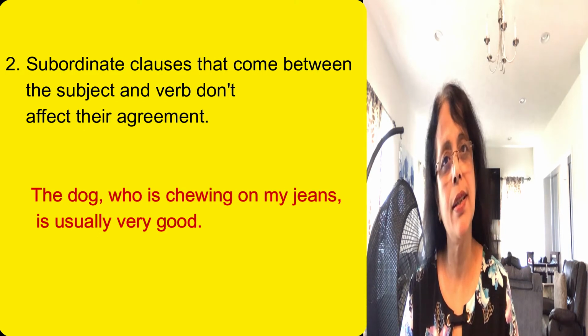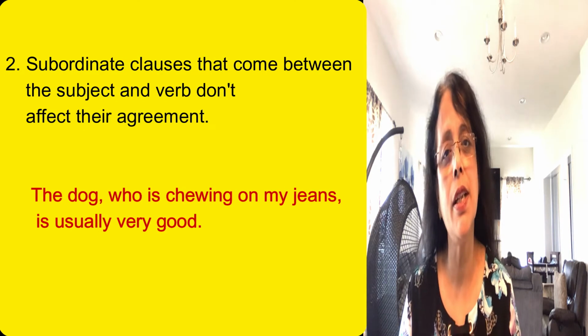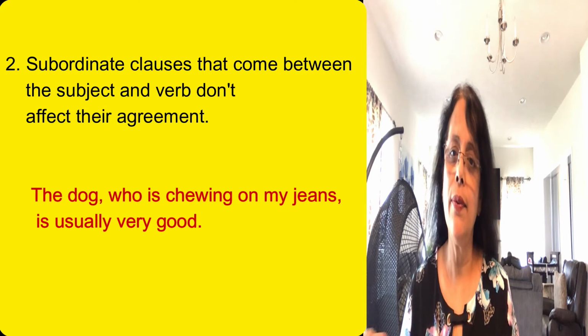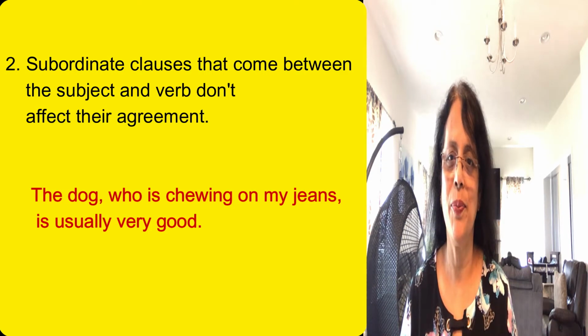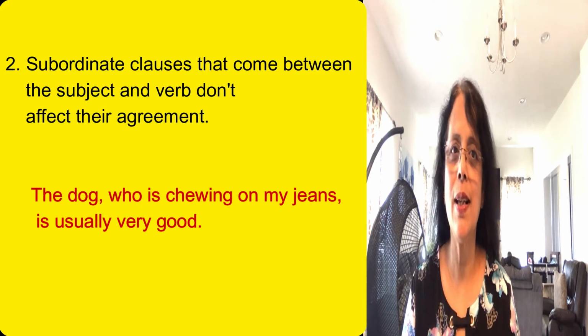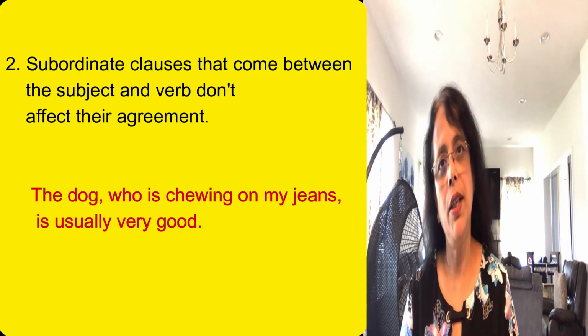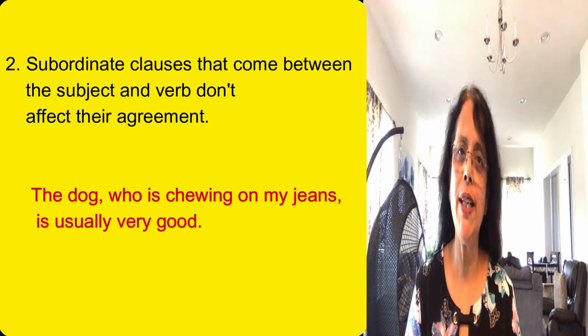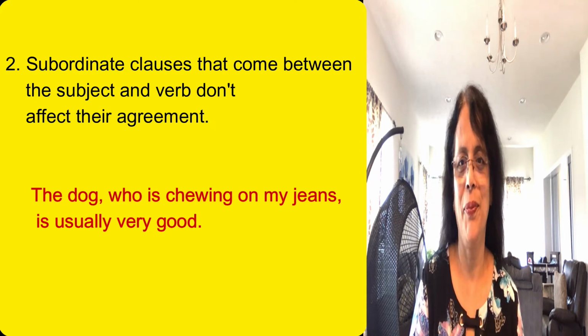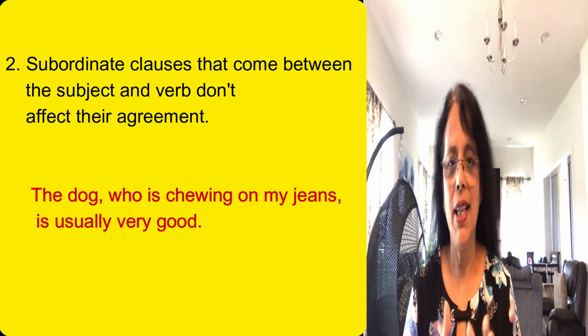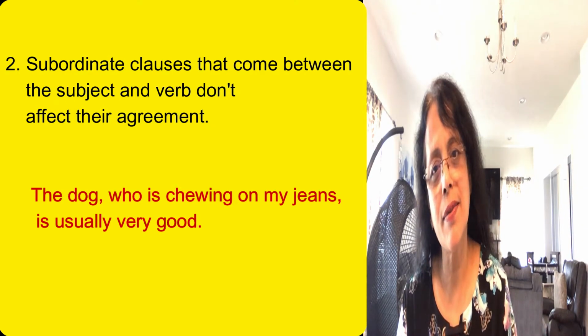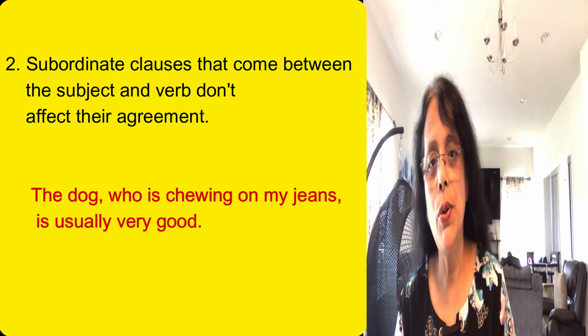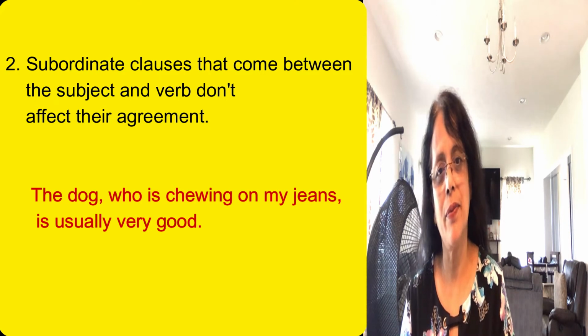subordinate clauses that come between the subject and the verb don't affect their agreement. Now, just look at the example, you will understand. The dog who is chewing on my jeans is usually very good. In this sentence, the subordinate clause is who is chewing on my jeans.